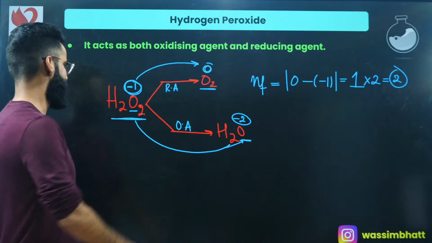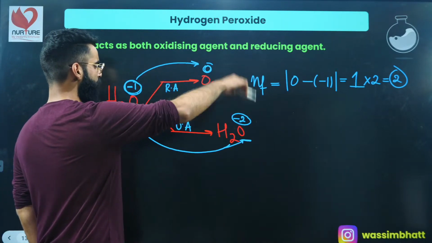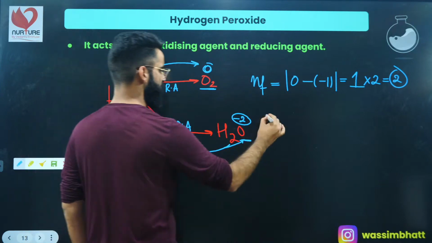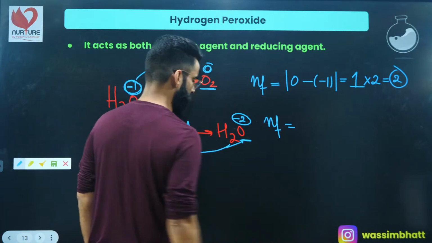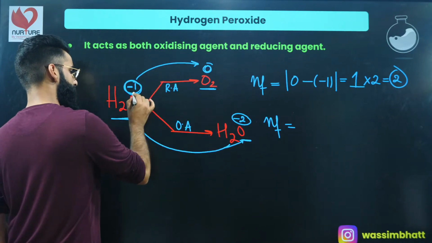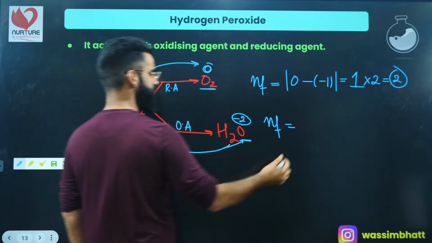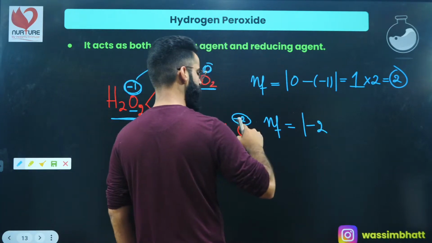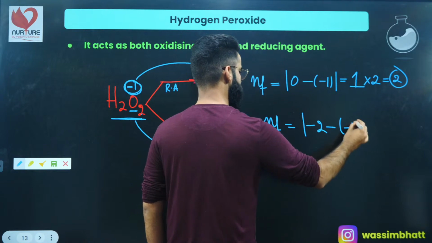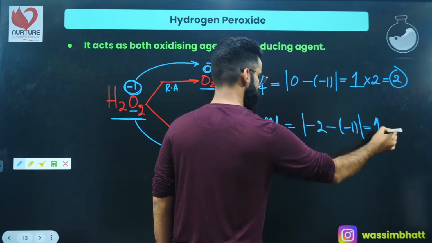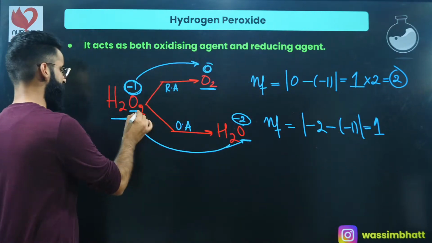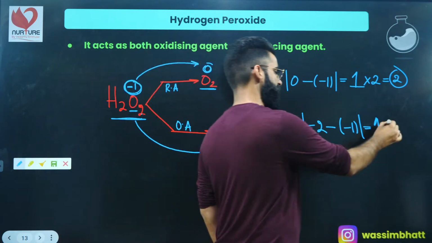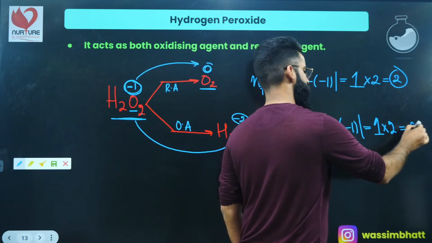In the second case, when the H2O2 acts as the oxidizing agent, what is going to be its N factor? -1 to -2. Calculate the change in oxidation state. Final oxidation state of oxygen minus initial oxidation state of oxygen, the value comes out to be 1, right? 1 is the change in the oxidation state for one atom of oxygen, but I have two atoms of oxygen, so I'm multiplying it with 2. The value over here comes out to be 2.